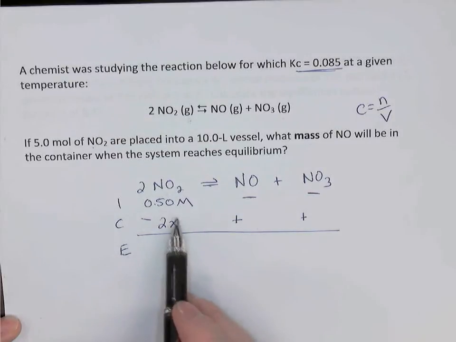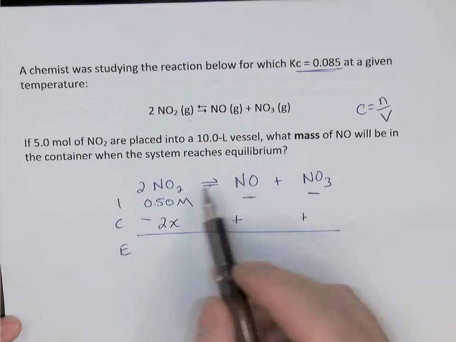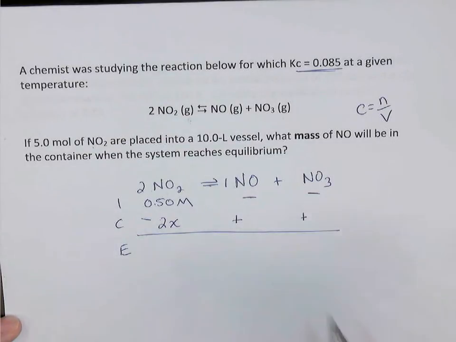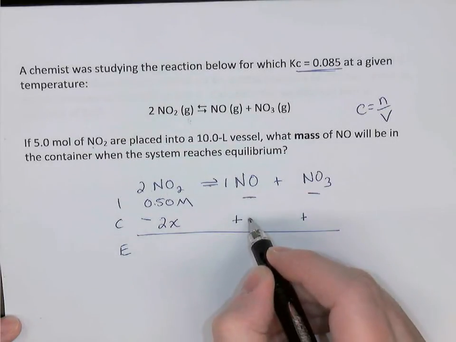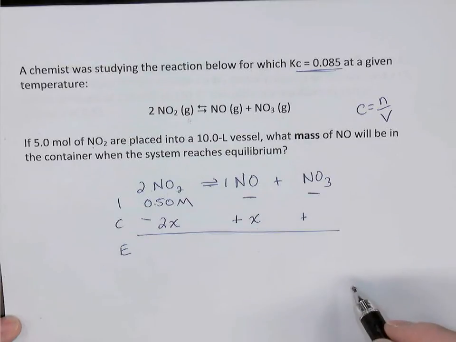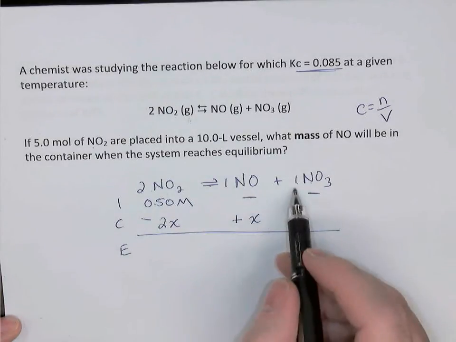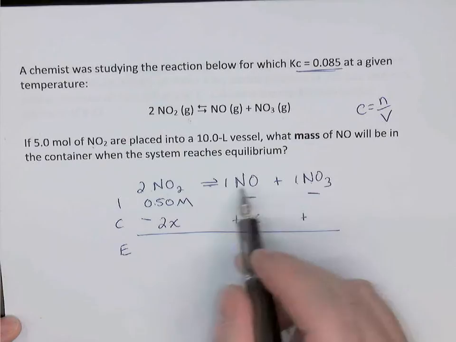By saying it loses 2x, I can now look at the ratio 2 to 1, the NO's coefficient is a 1, and conclude that it would gain half as much. So instead of gaining 2x, it only gains 1x. And likewise, the NO3 is also a 1 to 2 ratio, or I could look here and say it's 1 to 1 with NO.